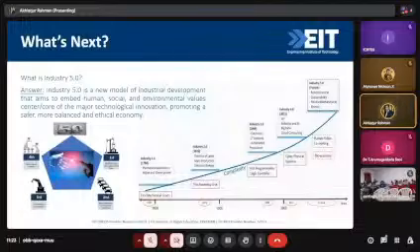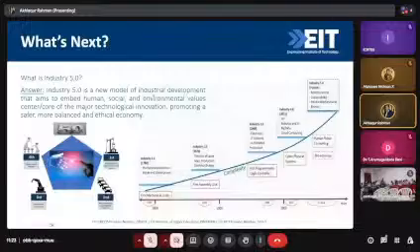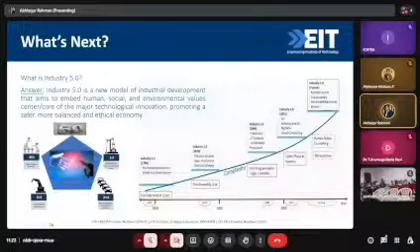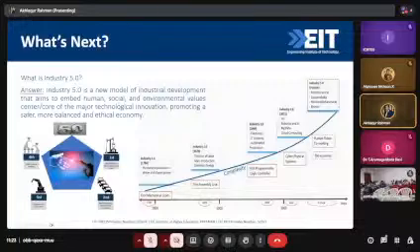Industry 5.0 is a new model of industrial development that aims to embed human, social, and environmental values at the center, so major technological innovations can happen. Essentially, to summarize in a very short time, I have only 5 minutes left, I think.